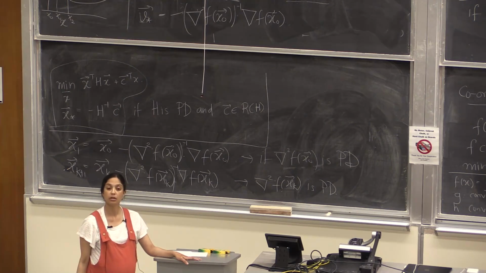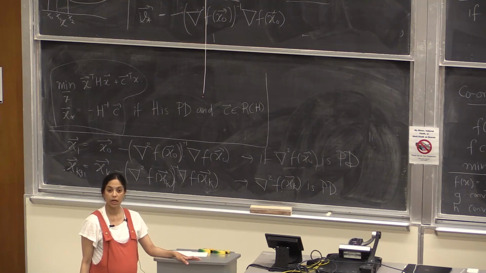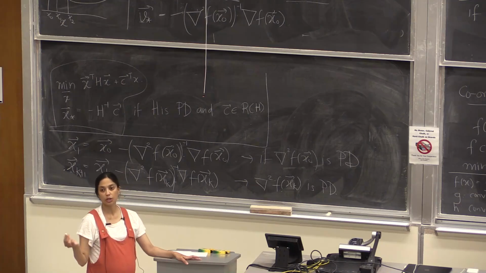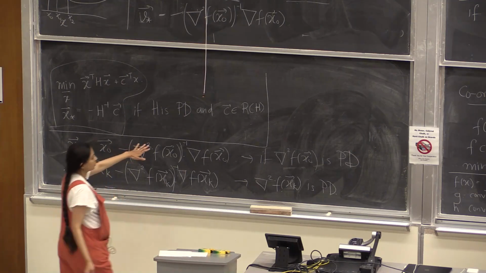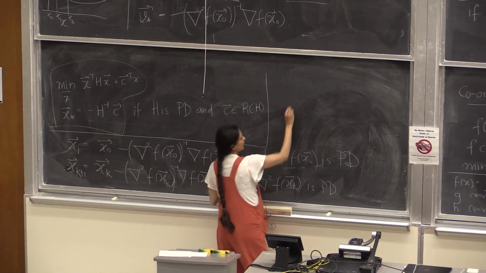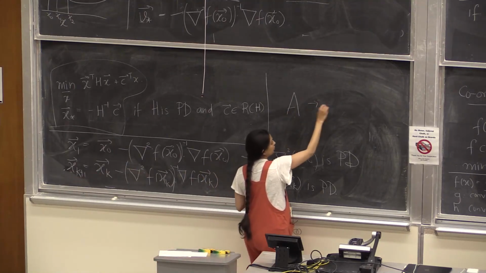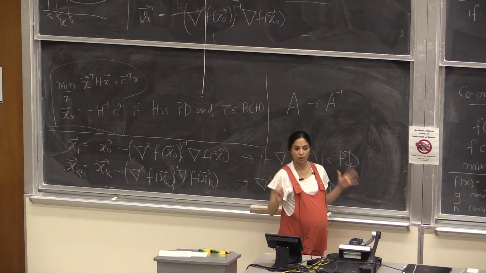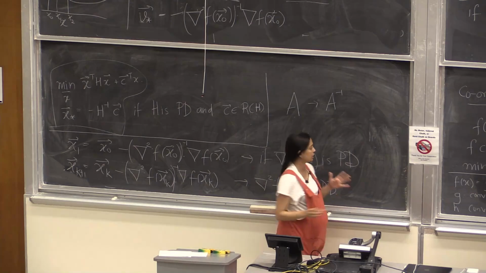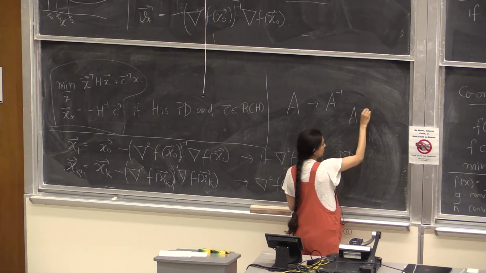Yes? Is it always true that the gradient lies in the column space of the Hessian matrix? So remember, if I have a matrix A, and A is invertible, what does that mean? Is there a solution to Ax equal to b?